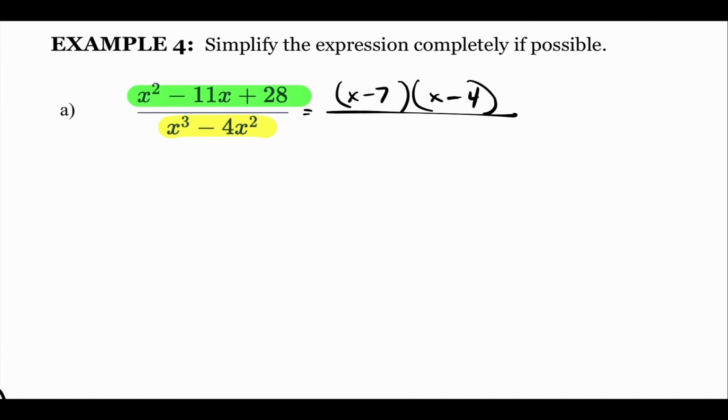The top didn't have a GCF, but this guy has one. I can divide both of them by x squared. So x squared is the GCF, and when I take away 2 powers, I get x minus 4.